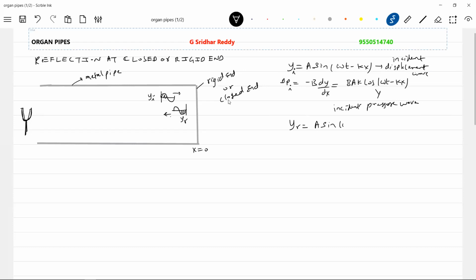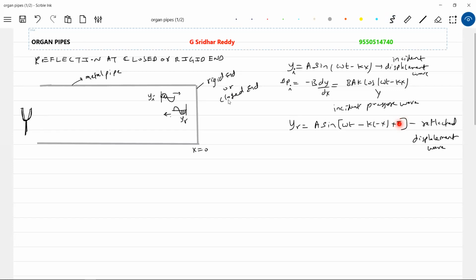A sine(omega t, k minus x plus pi). Can you remember this? So this is the reflected displacement wave.